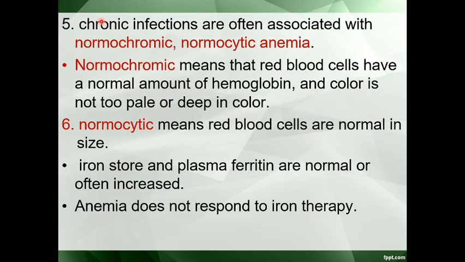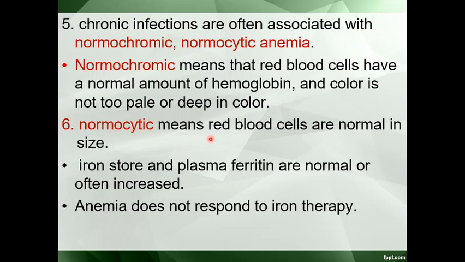Then chronic infections are also associated with normochromic normocytic anemia. What is normochromic? It means that red cells have a normal amount of hemoglobin and the color is not too pale or deep in color.